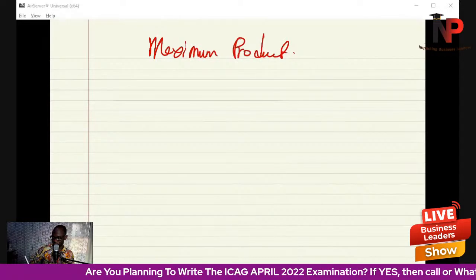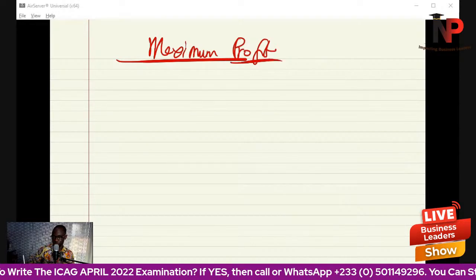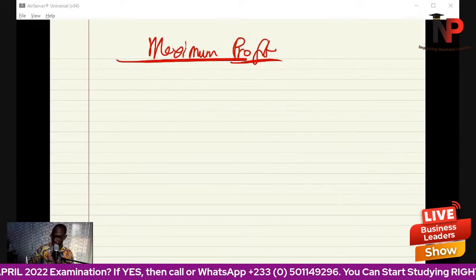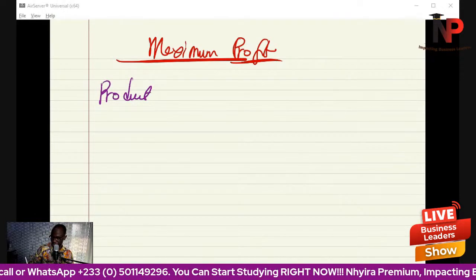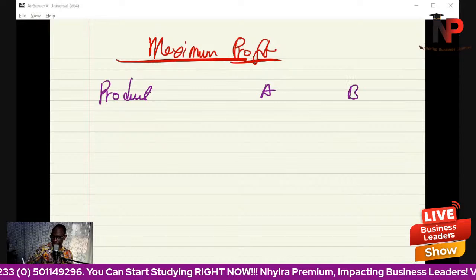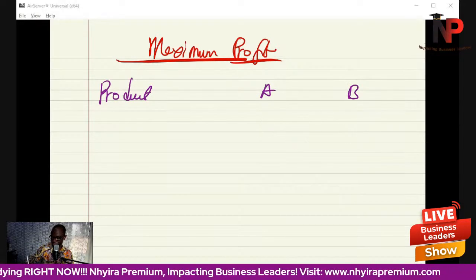Now stay with me carefully here. Maximum profit. So how do we go about that? We bring in our products again. So product A, product B, slash in our currency sign if we want to, or we can ignore it.